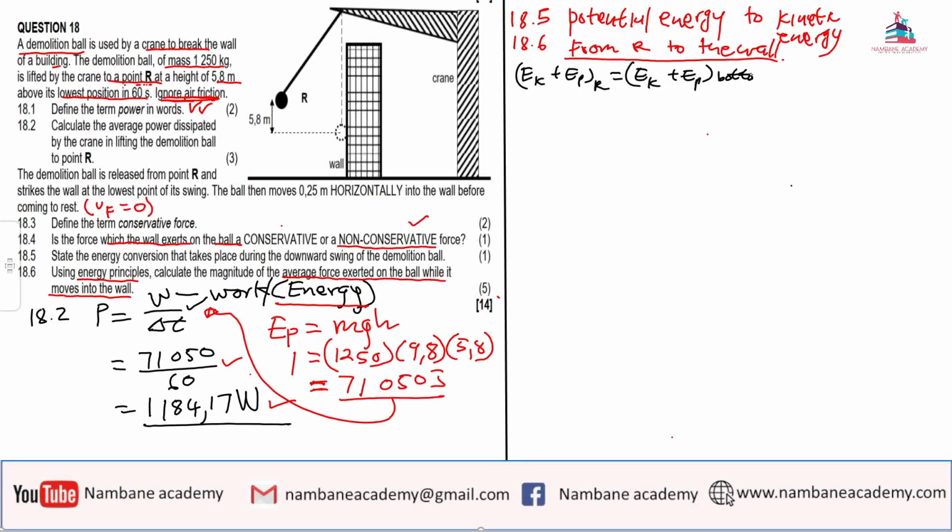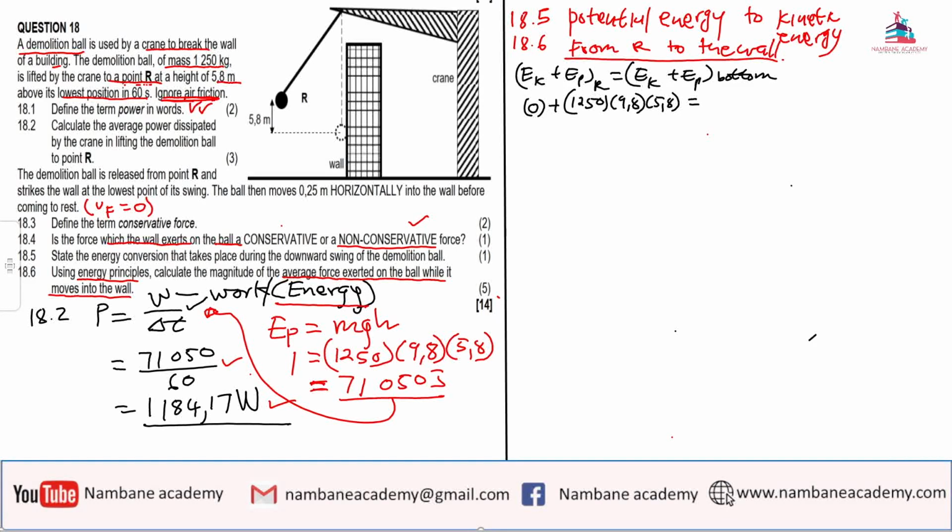This is when it hits the wall. What do we know about this? We know that EK, because it is starting from rest, will be 0. And EP, we calculated EP, which is just 1250 multiplied by 9.8, that is now at R, multiplied by 5.8. I am doing this substitution because that is what the examiners want to see.